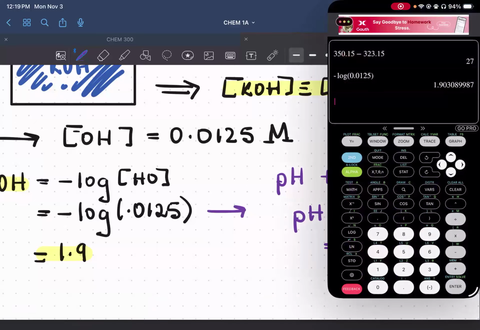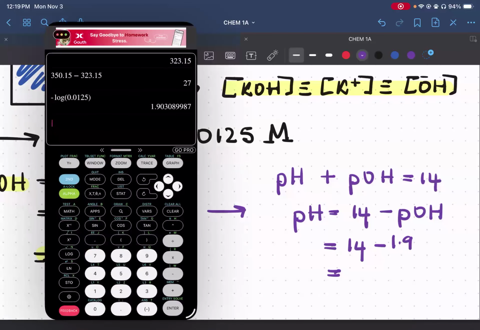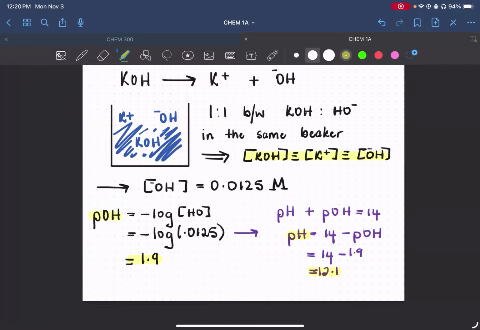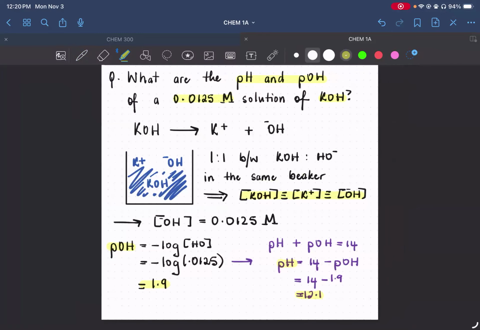Let's just put this in our calculator to be absolutely certain. 14 minus 1.9 gives us almost exactly 12.1. And with that, we have now calculated both the pH and the POH of this potassium hydroxide solution.